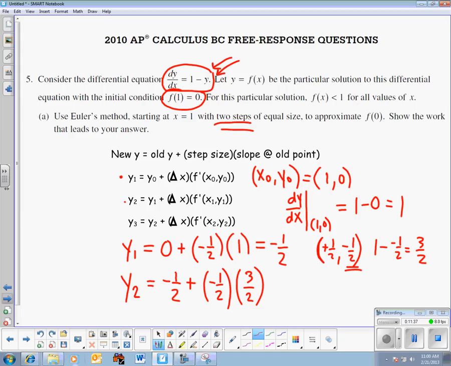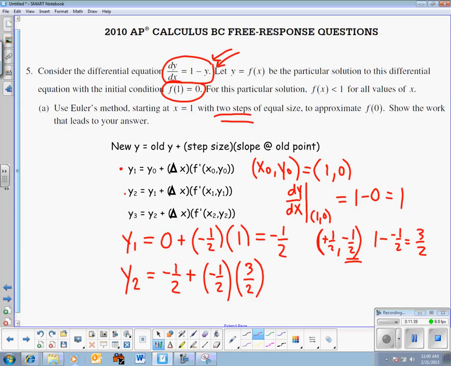I'm following that tangent line along for my second step that has a slope of 3/2, and it turns out that my next height is negative 1/2 plus negative 3/4. I multiply those two fractions, and negative 1/2 plus negative 3/4 is negative 2/4 plus negative 3/4, which is negative 5/4.